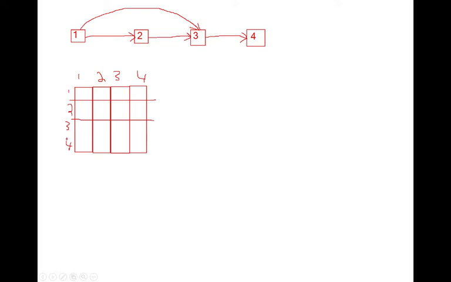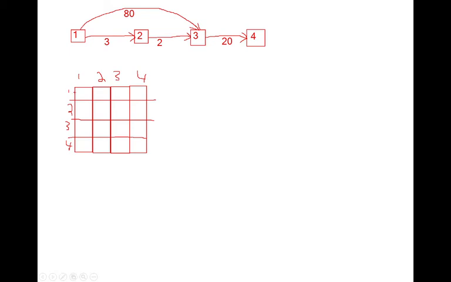Now 1 is connected with 2. Okay, I forgot about the distance. For example, here the distance is, let's say, 3. Here the distance is, let's say, 2. Here the distance is, let's say, 20, and here the distance on the edge is, let's say, 80.